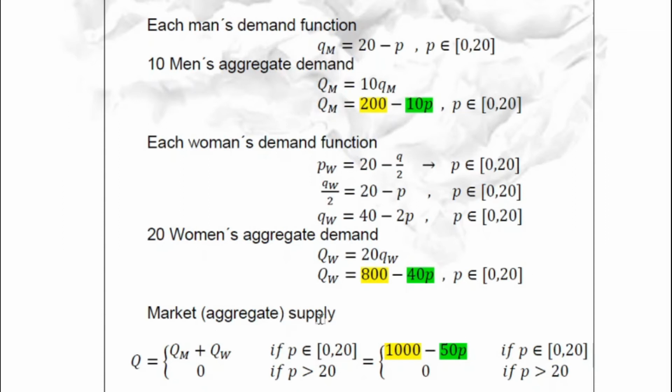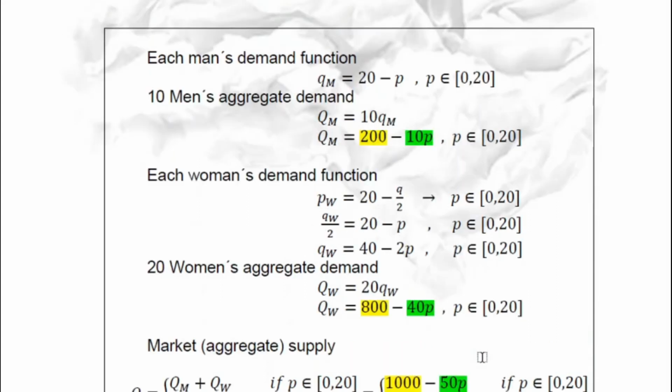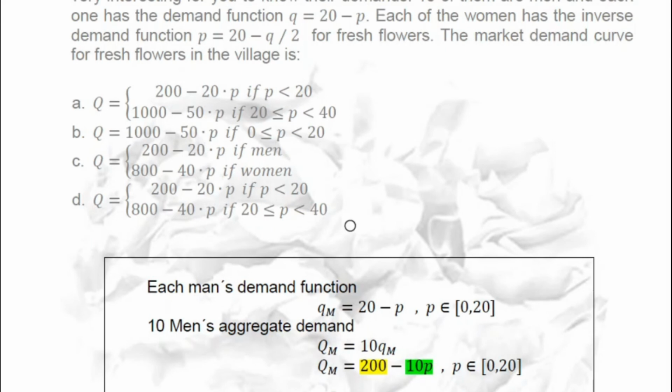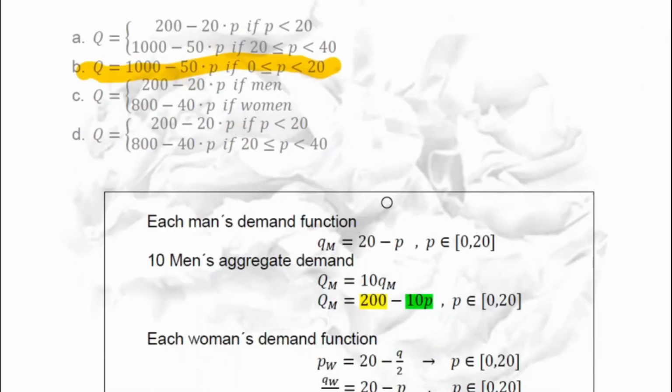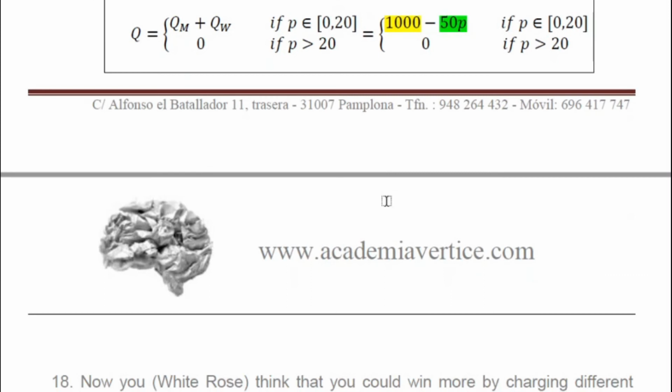The market aggregate demand is this plus this, so 1000 minus 50P, and the price range doesn't change. So if we look here, the correct one would be B. Perfect.